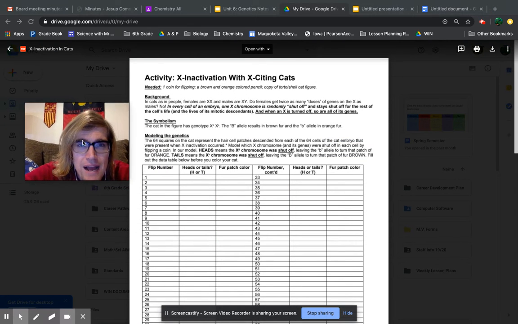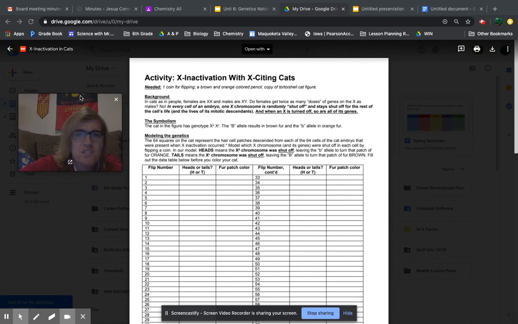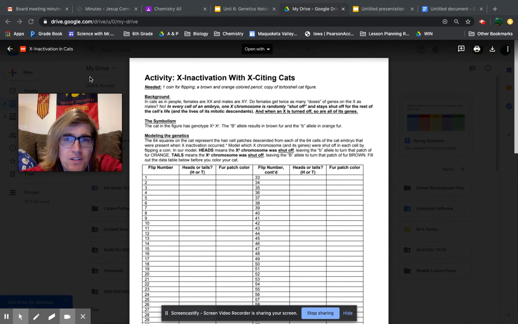Background: in cats as in people, females are XX and males are XY. Do females get twice as many doses of genes on the X as males? No. In every cell of an embryo, one X chromosome is randomly shut off and stays shut off for the rest of the cell's life and the lives of its mitotic descendants. Mitotic, where have we heard that?